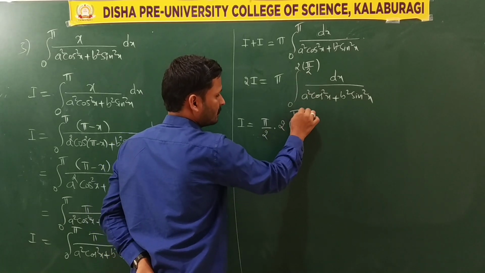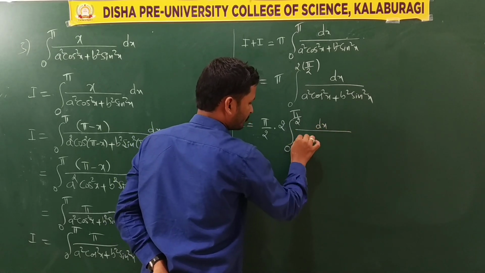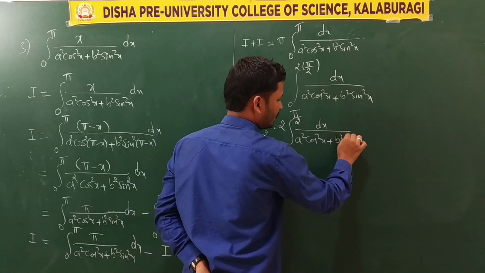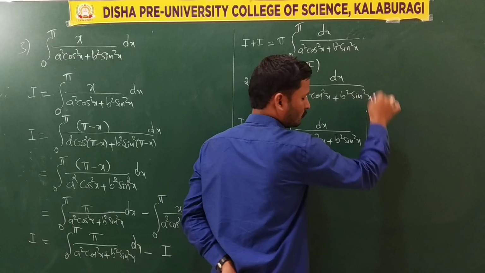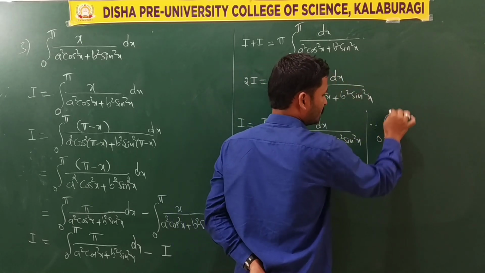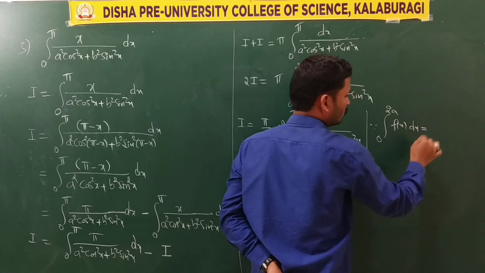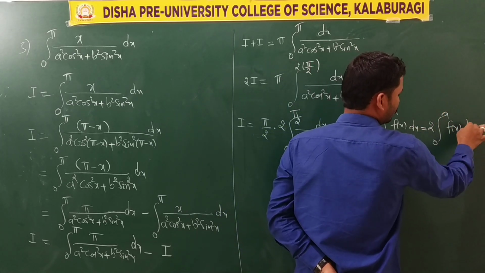Here a is pi by 2, dx divided by a square cos square x plus b square sin square x. This is written by the property that the integral from 0 to 2a of f of x into dx is equal to 2 times the integral from 0 to a of f of x into dx.